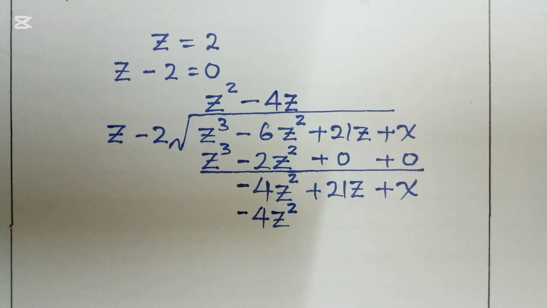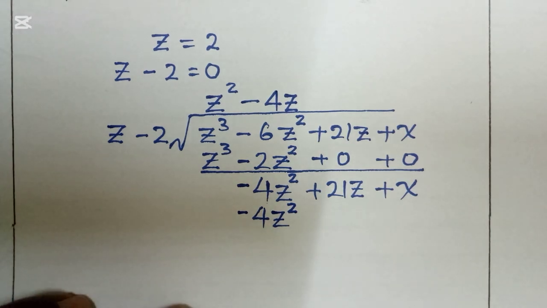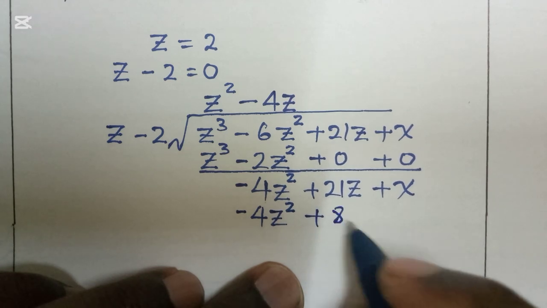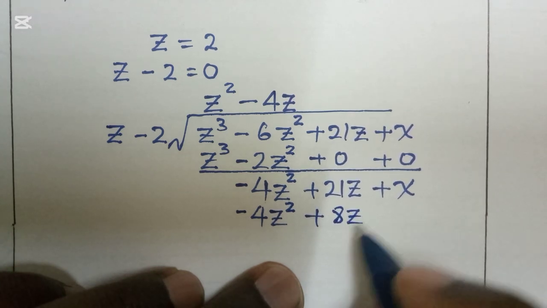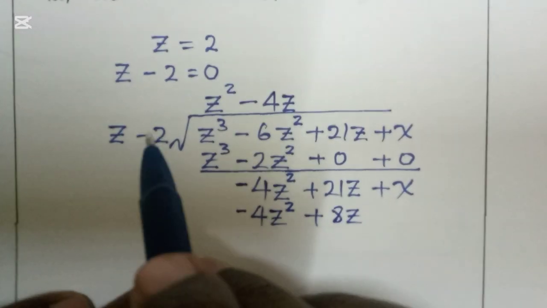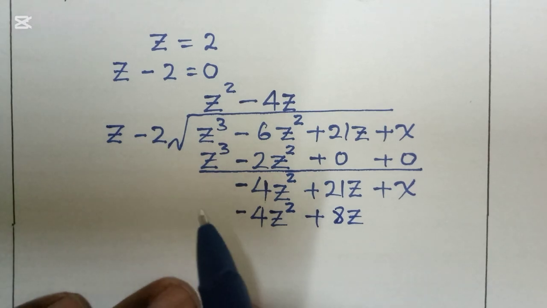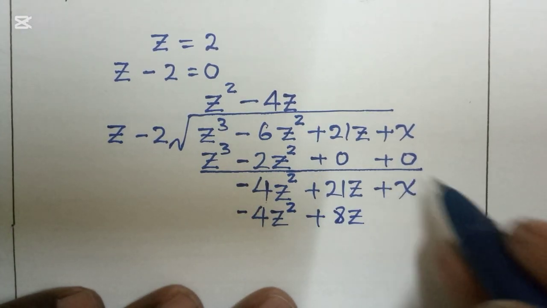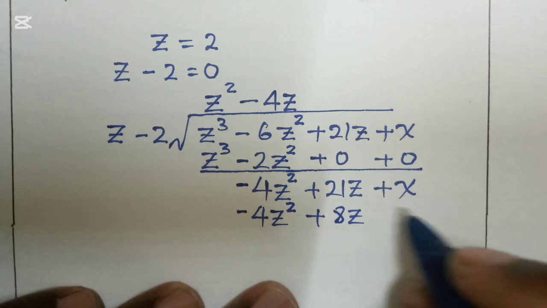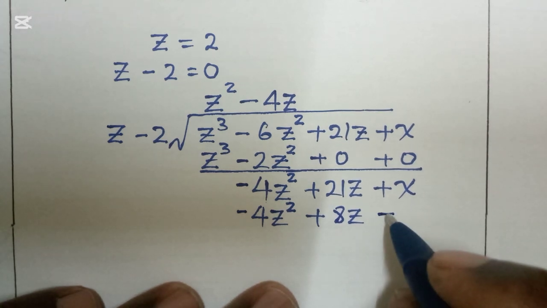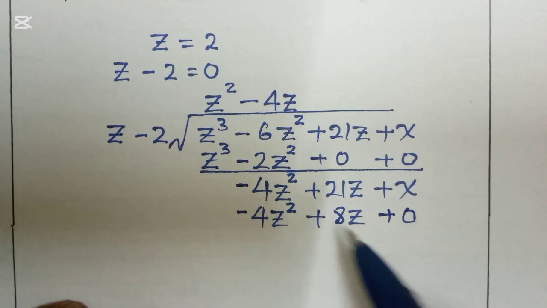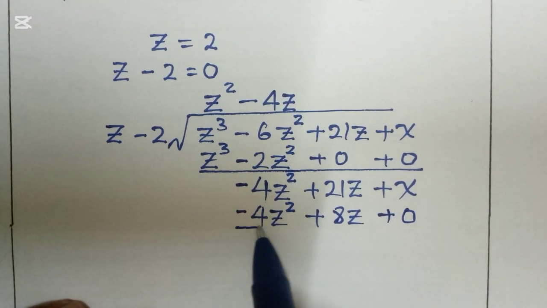Then you have plus 8z, that is minus 4z multiplied by minus 2, we get plus 8z. And finally here we get 0, because there is no other number to multiply with the 4z. We continue from there.